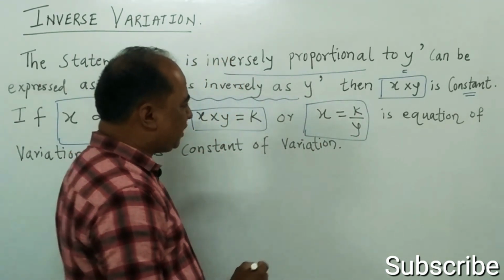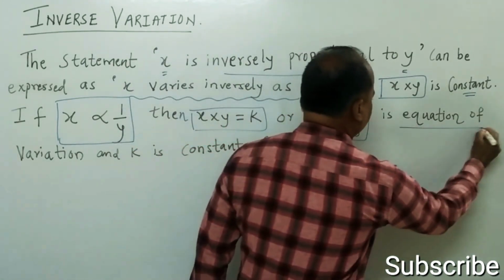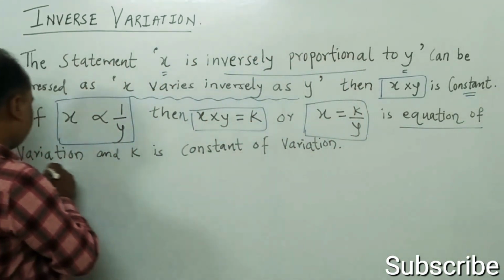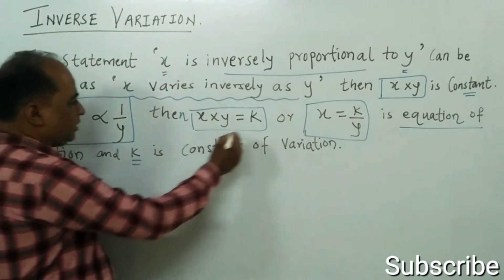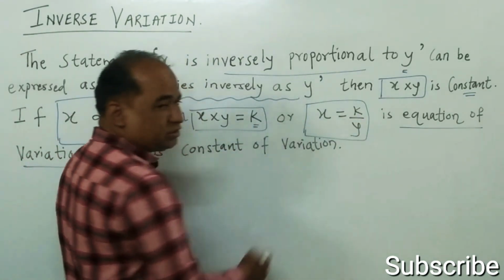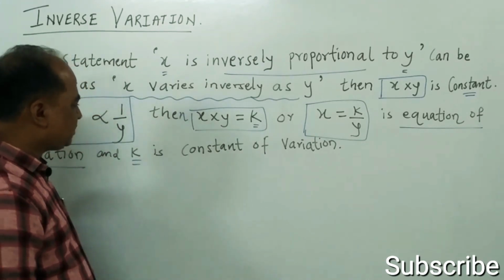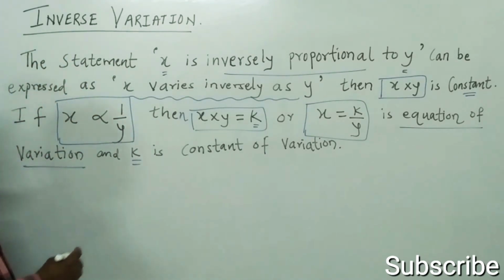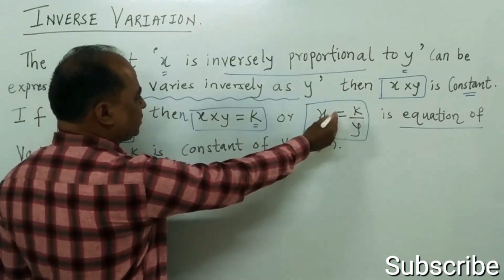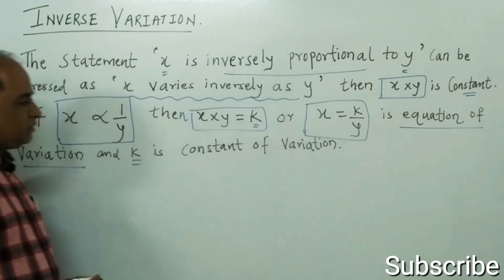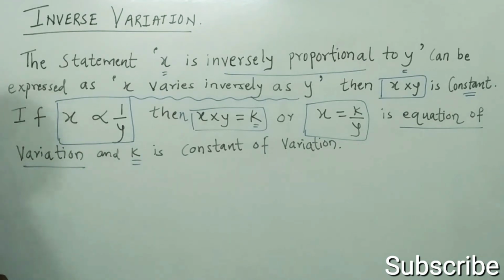This is the equation of variation, and here k is the constant of variation. So the equation of variation is x into y is equal to k, or x is equal to k upon y, where k is the constant of variation.